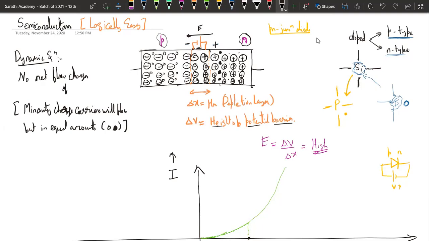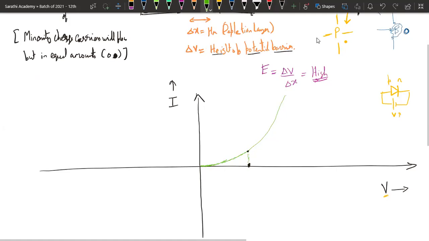So slowly as you increase the voltage, this barrier decreases, and it will decrease till the point वो potential difference zero हो जाता है. And as soon as the potential difference becomes zero, then suddenly current starts to flow very high because the barrier को हटा दिया आपने. So it is observed that the current increases drastically like this.